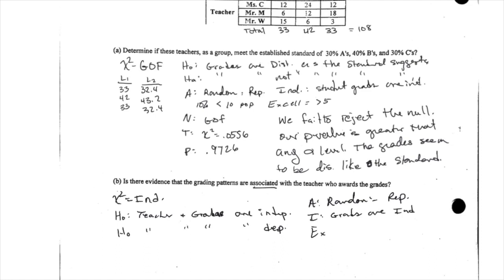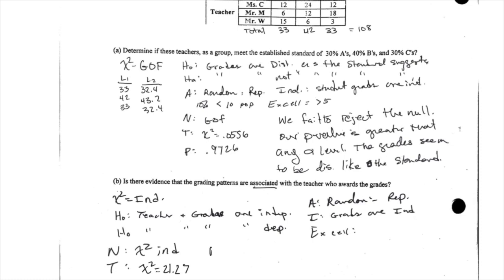So the expected cell count, I don't have this yet, but I'm going to go ahead and write down the test name. It's chi-square independence. I left off n. I'm so tired right now. The chi-square equals 21.27.